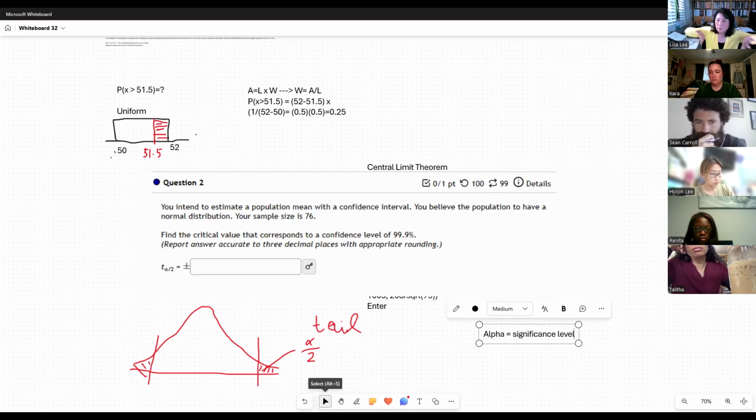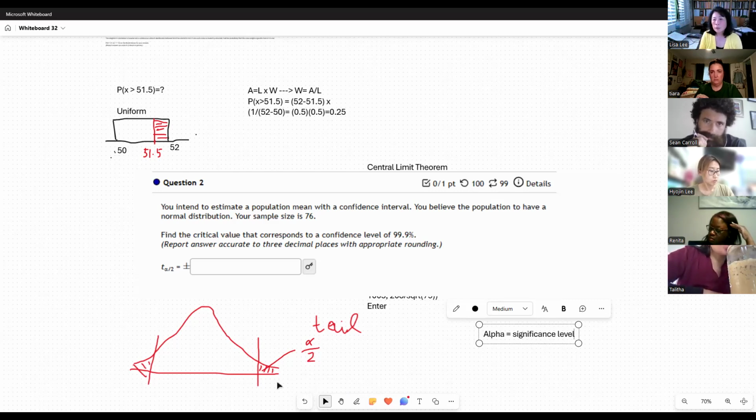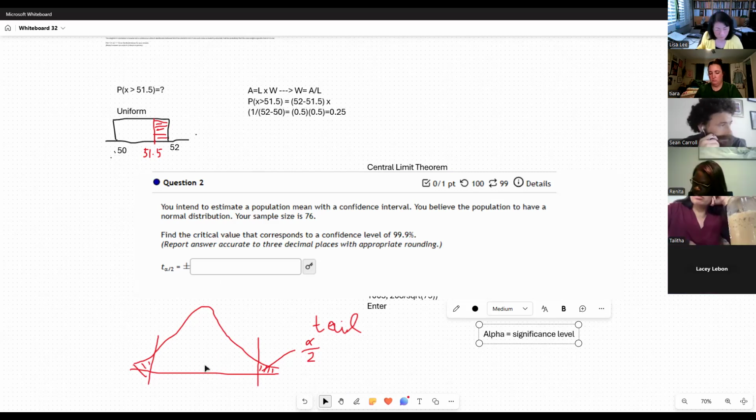But this is the tail area, side area. This area for the high scores and the low scores, we call significance level, okay? And in the middle here, we call confidence level. The majority of scores are in the middle, 70 to 80%, I would say.